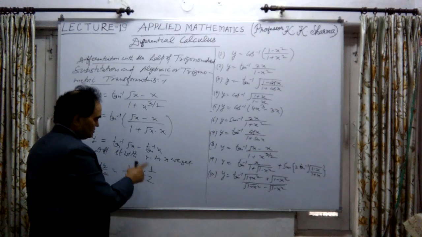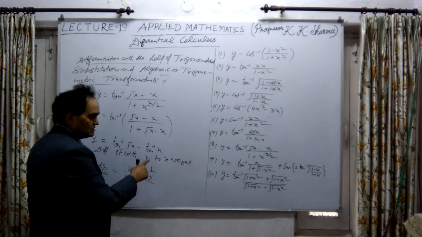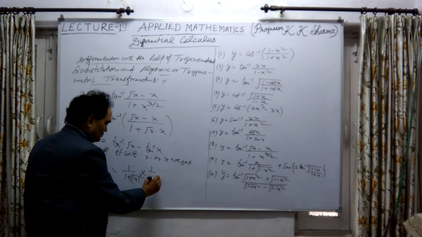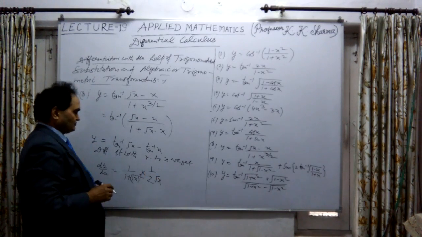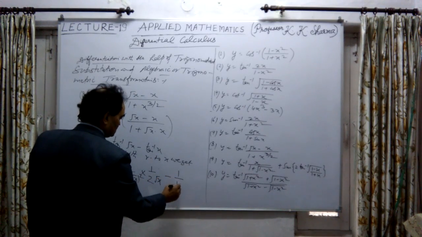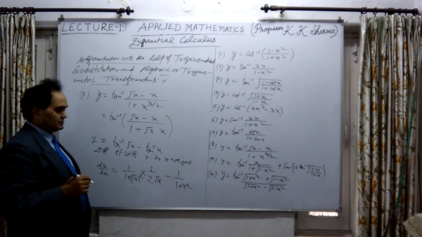Okay, it was plus half and minus 1, that means minus half, so 1 upon under root x, under root x will come in the denominator. So this is the differentiation. This is minus 1 upon 1 plus x square, differentiation of tan inverse x.